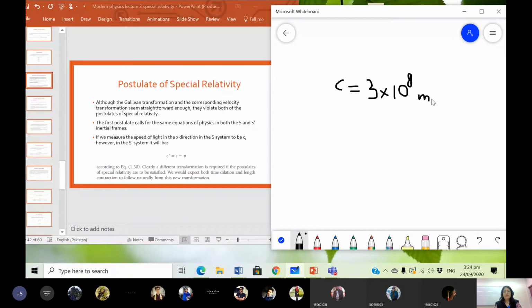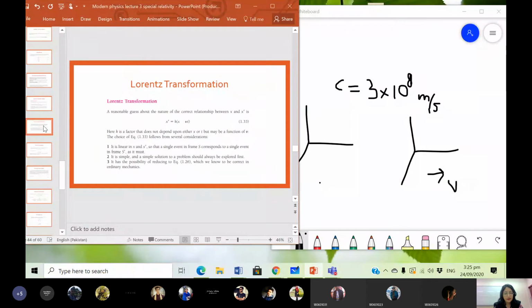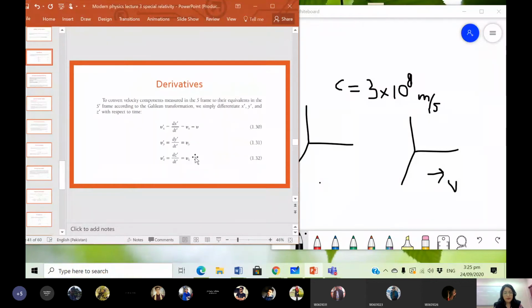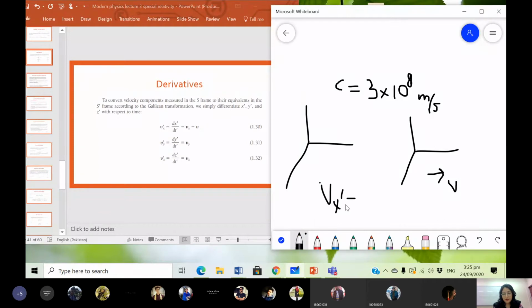But if we measure the speed of light, if you have two frames, and this one is moving forward in the direction v, then according to the Galilean transformation you're subtracting. What was the velocity? Vx dash is equal to Vx minus v, right?